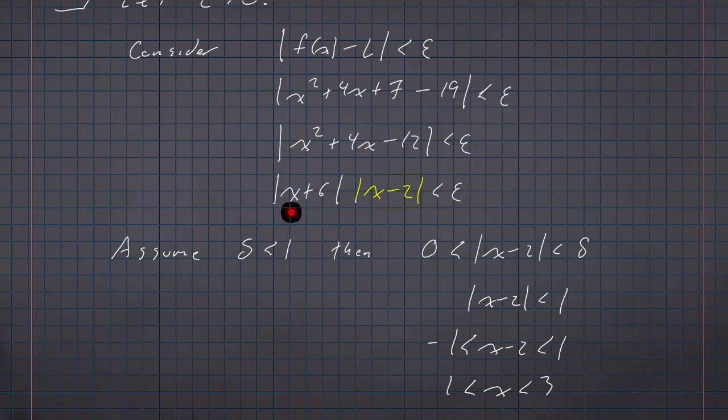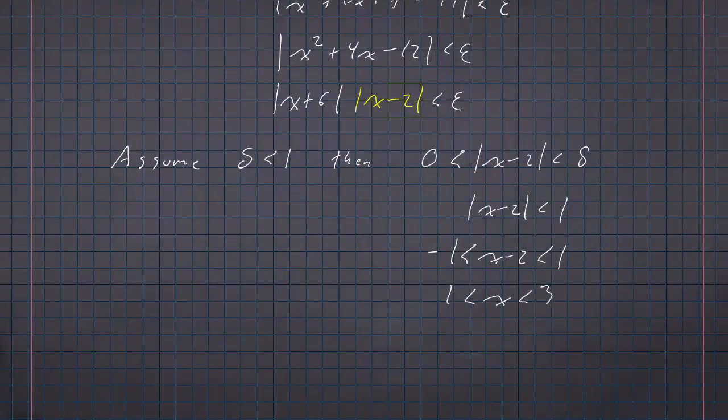Now, going back, I'm looking for something to do with this absolute value of x plus 6. So in order to force this to look like x plus 6, I can add 6 to all three sides of this inequality. It seems like a stupid thing to do, but it's a thing I can do, and that's what's important.